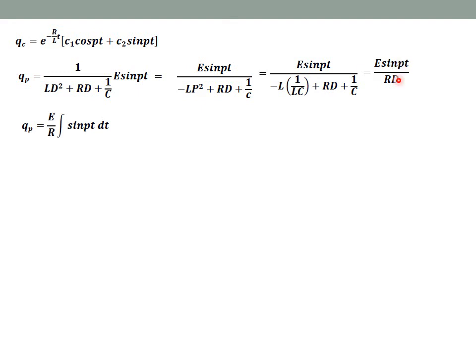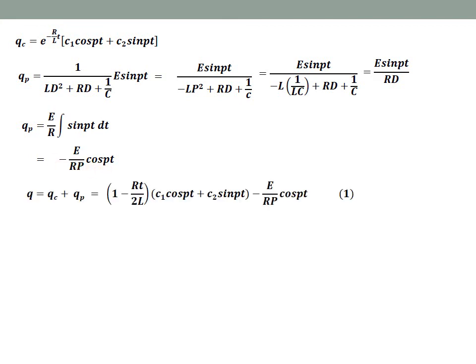So what does 1 by D indicate? 1 by D indicates integration. So E by R as it is, integration of sin pt dt. So integration of sin pt is minus cos pt divided by p, correct? So it is minus E by Rp into cos pt. This is my qp. So then finally q is equal to qc plus qp.